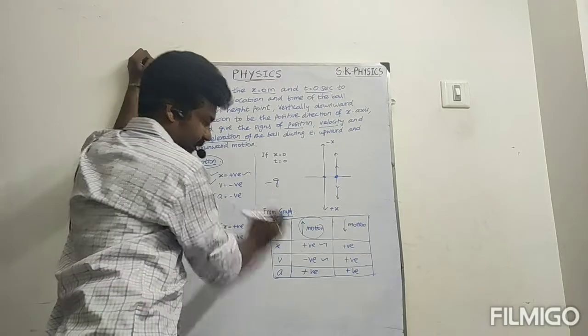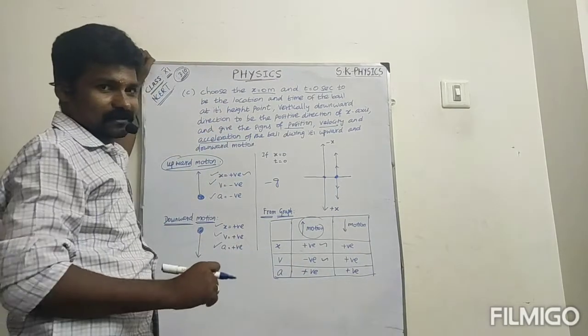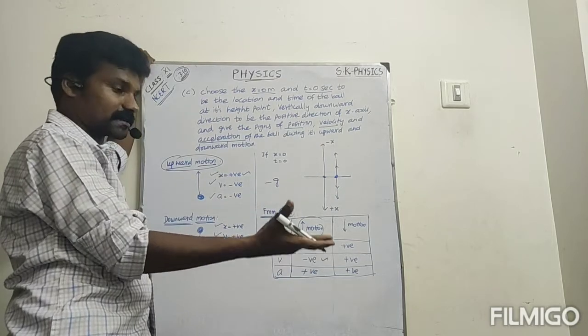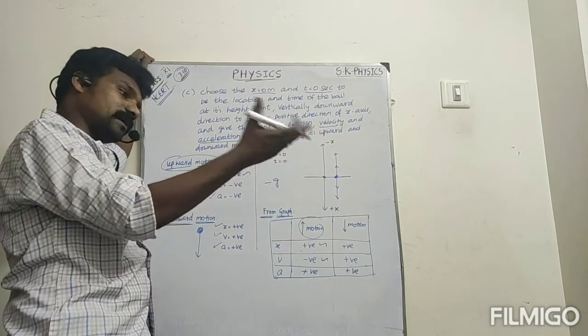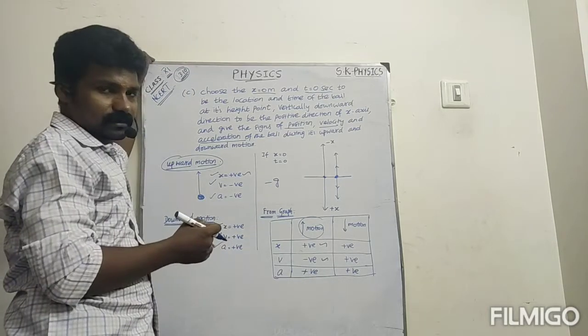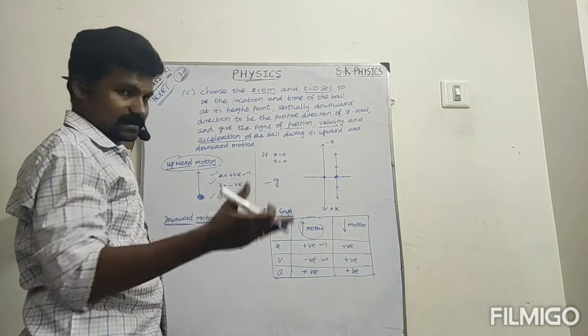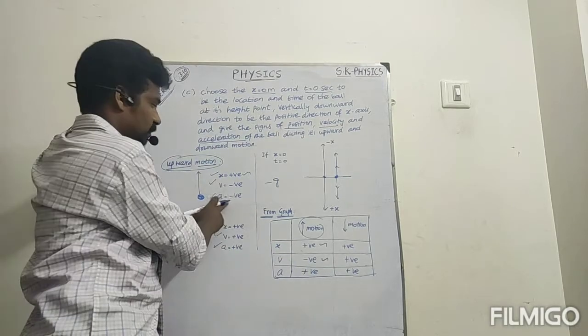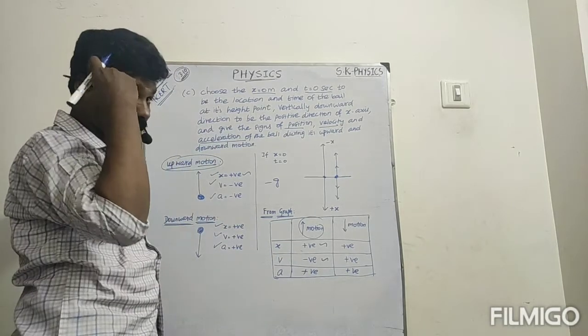So negative and negative become positive. Should be careful with this question. The object is moving upward, but the acceleration is opposite to the gravity, that is minus g. So here the acceleration of the ball is also negative.